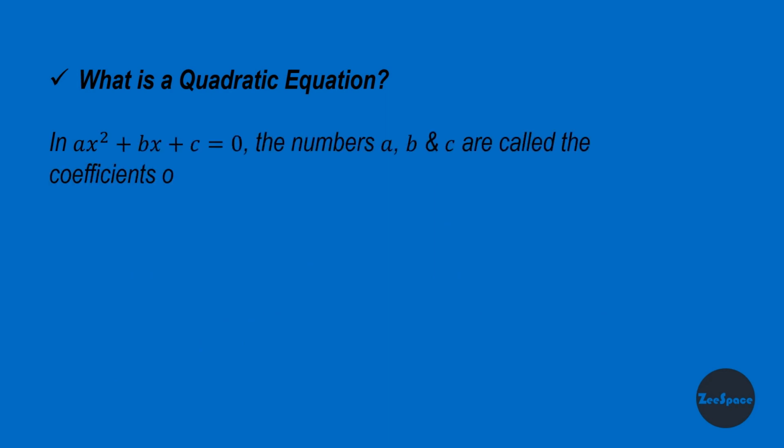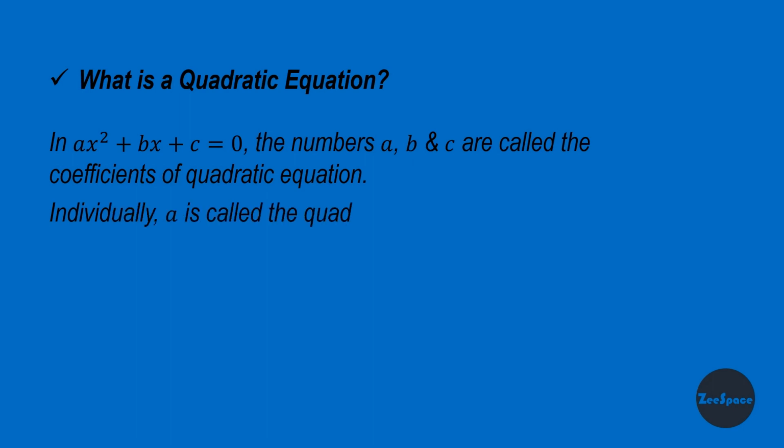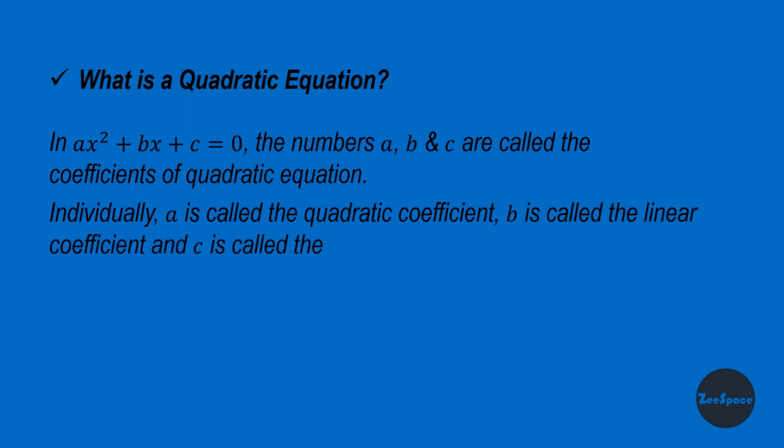In ax squared plus bx plus c equals 0, the numbers a, b and c are called the coefficients of quadratic equation. Individually, a is called the quadratic coefficient, b is called the linear coefficient, and c is called the constant or free term.